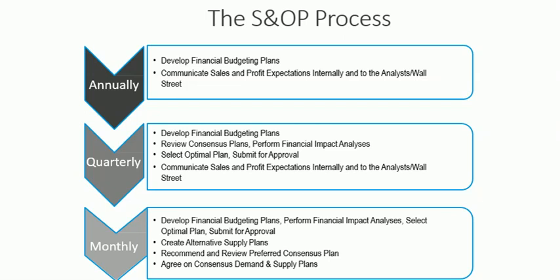If in a certain case one organization or one warehouse has some kind of problem, such as a flood or a fire breakout, then you should have an alternate supply plan for where you should deliver those products from. Then you should also recommend a consensus review plan to the salesperson and your internal employees, and you should have a consensus on the demand and supply plan. So every plan should be improved from the lower staff to the higher staff.